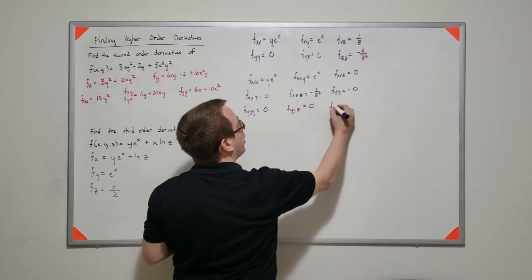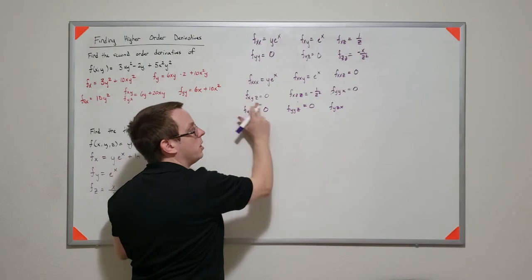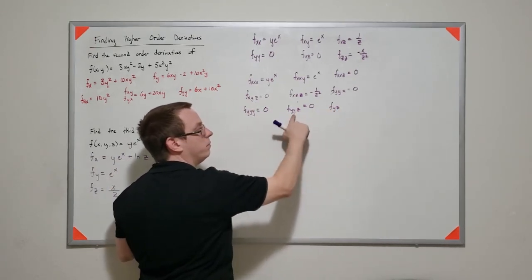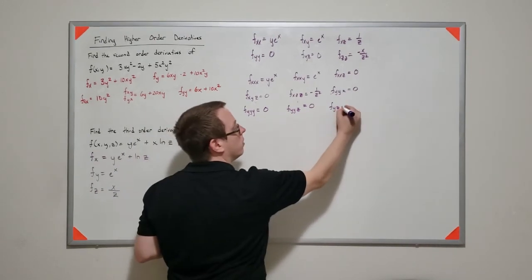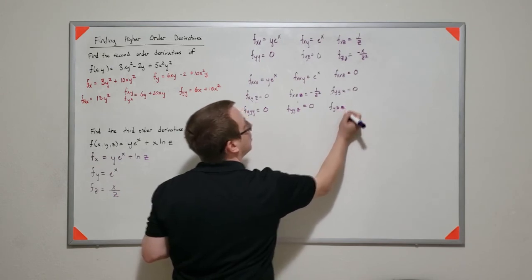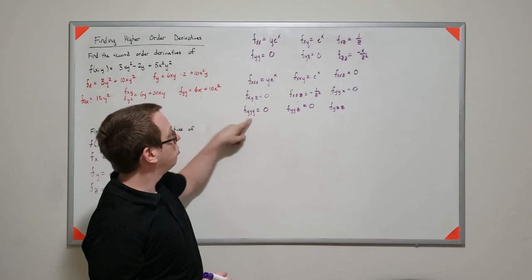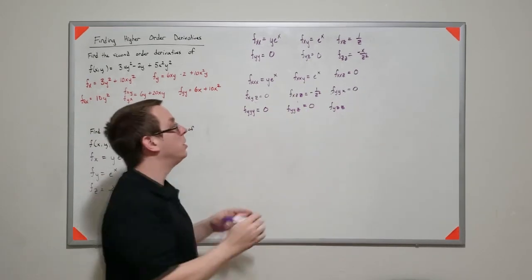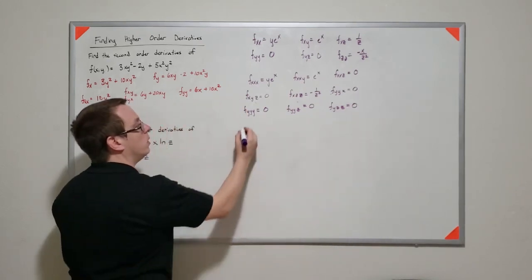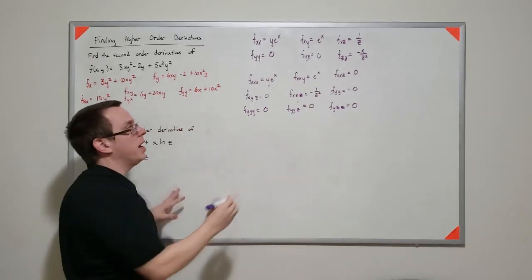Do I need to do f of yzx? No, because I have the same letters here. Okay, yzy. No, I've got the same letters here. Yzz. I don't see 2 y's and a z anywhere, so yes, I need to do that. So again, that's also 0. So that one's done.